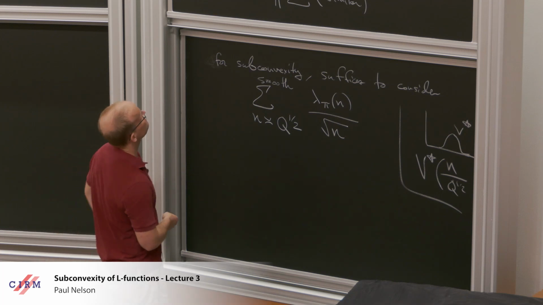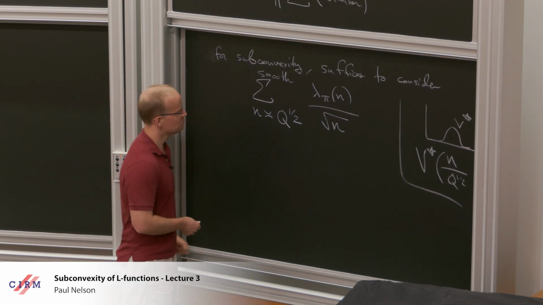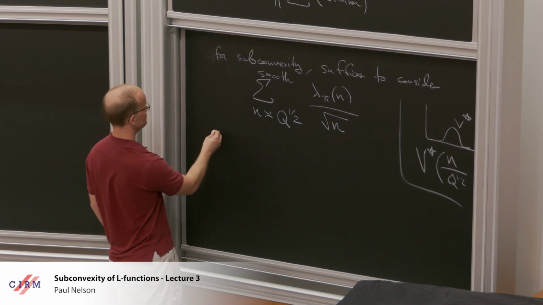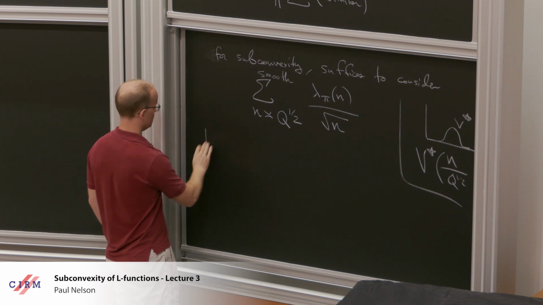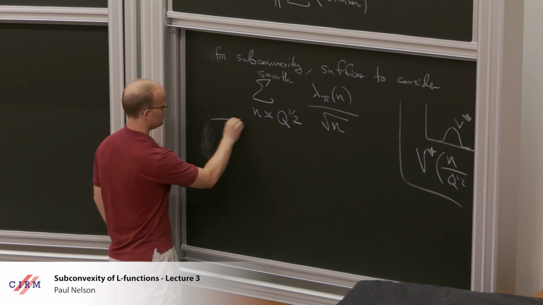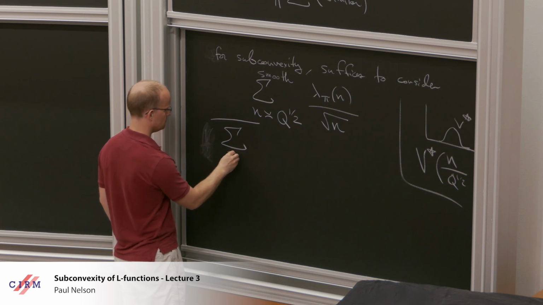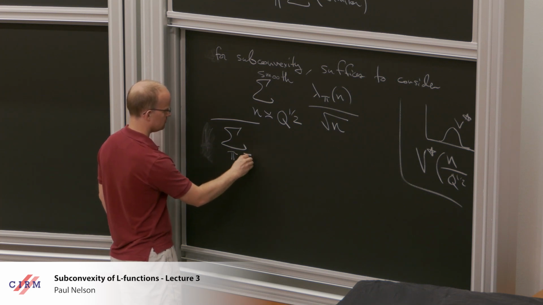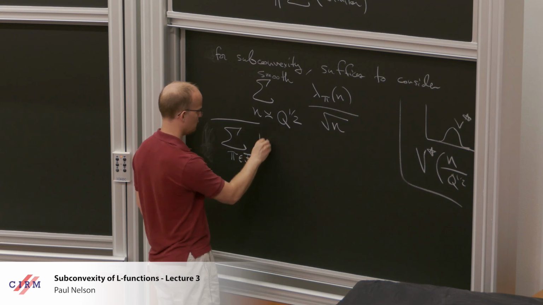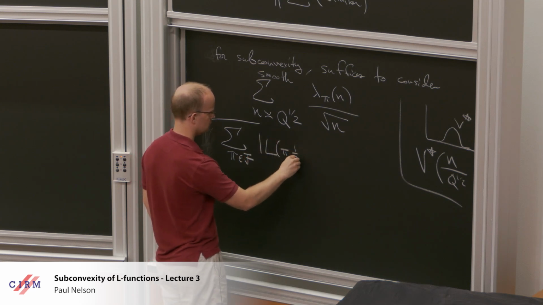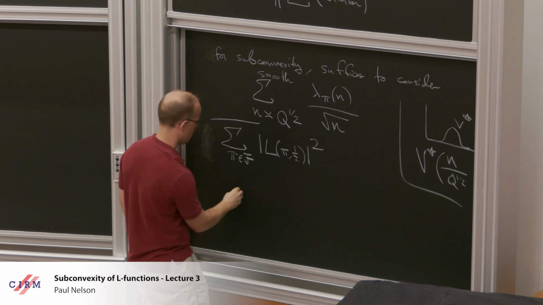And so then, I guess I'm running out of blackboard, but studying a sum over pi in a family F of L of pi, half, squared.